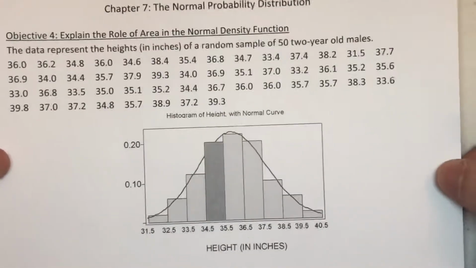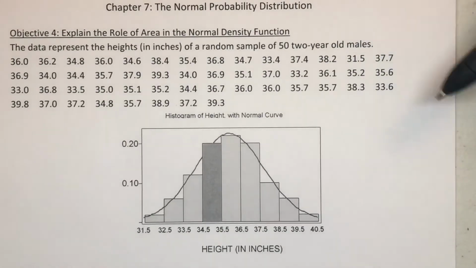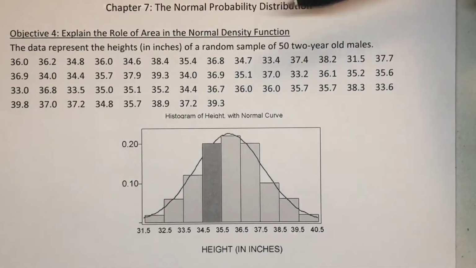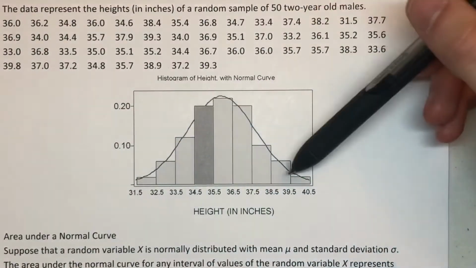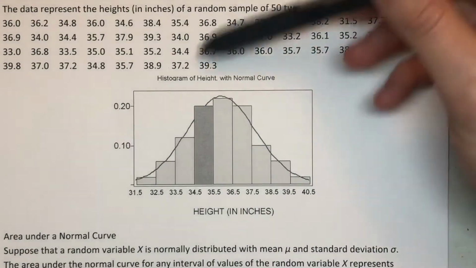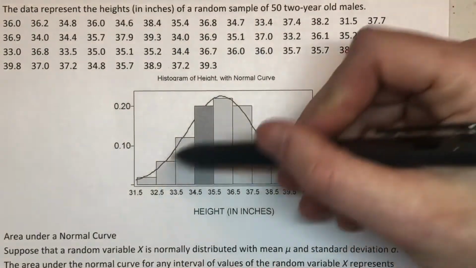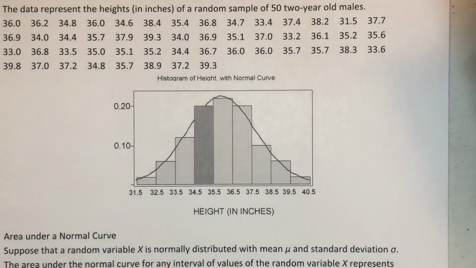All right, so going back to this idea of area under the curve representing probability, just a set of data here. We're looking at the height of a sample of 50 different 2-year-old males, 2-year-old boys. And so notice it is a bell-shaped curve, but we're using a histogram because we have discrete data here, so we can throw it into the different ranges of values.